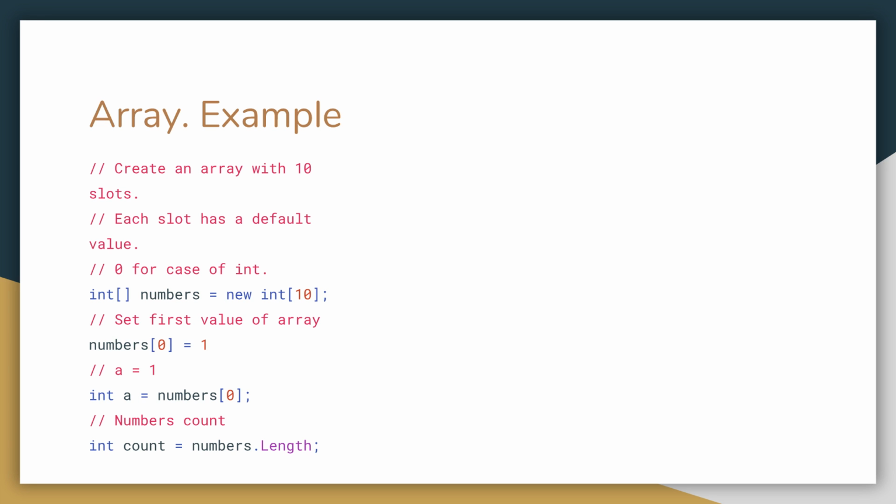Arrays can be two-dimensional. They can be jagged. The difference between jagged and two-dimensional arrays is that jagged arrays are split with a comma, and it basically means it's a matrix. A 2D array means it's an array of arrays, and it means that the dimensions can be different for different elements of the array which holds other arrays.